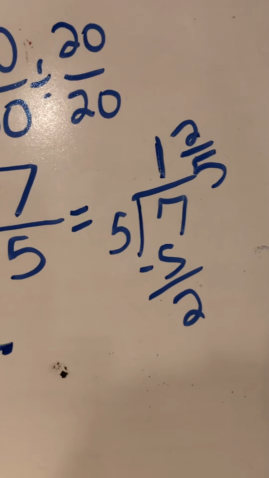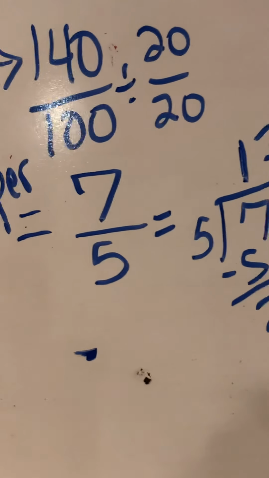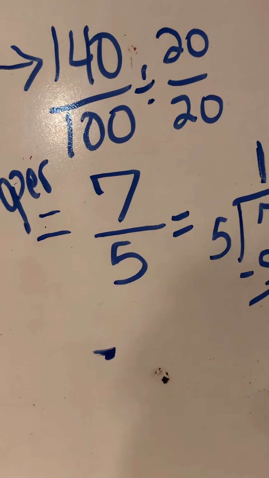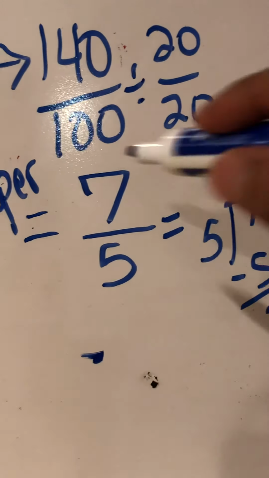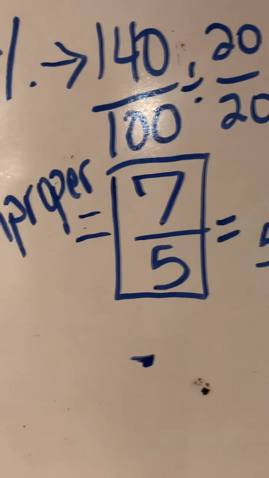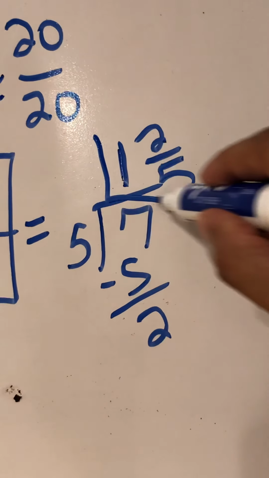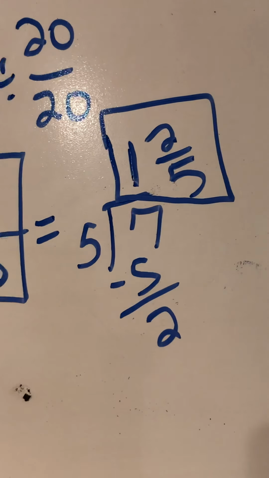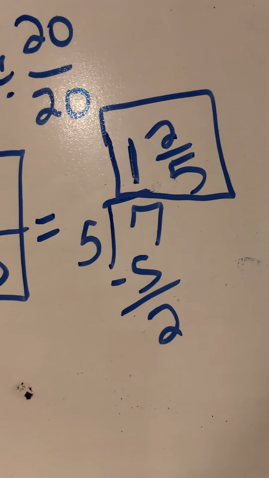So depending on your answer choices, right? Here we don't really have answer choices. So if you don't see this answer on the test, then that means that our answer has been converted into a mixed fraction, right?